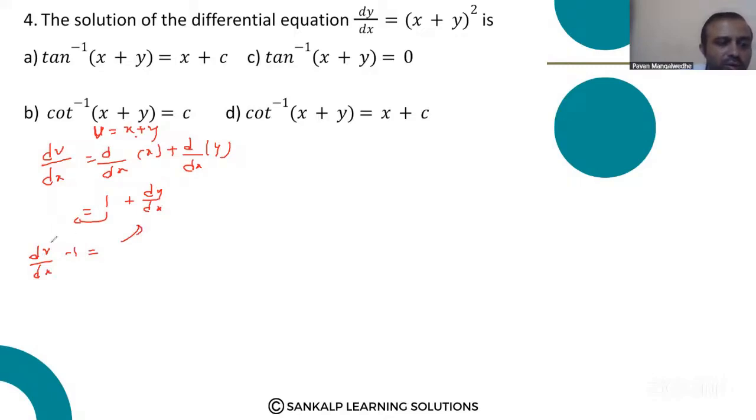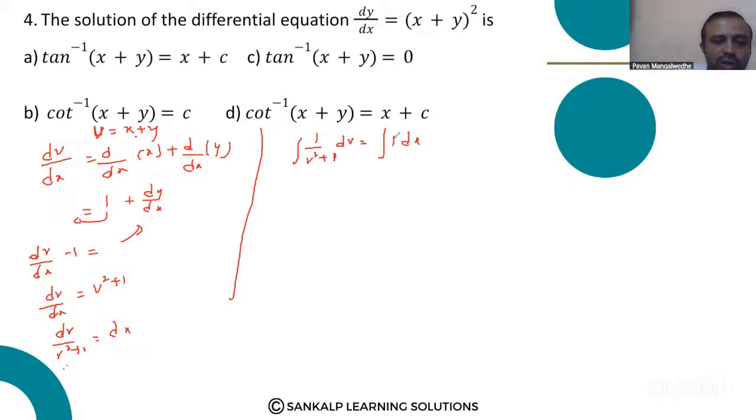Now dv by dx is v square plus 1. So dv by v square plus 1 is equal to dx. Integrate it: integral of 1 by v square plus 1 dv is equal to the integral of 1 dx.